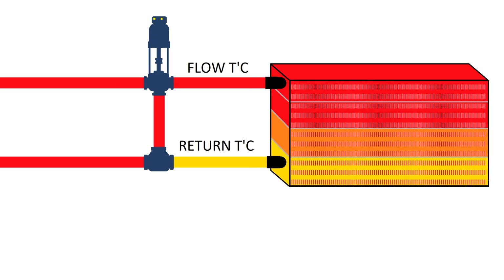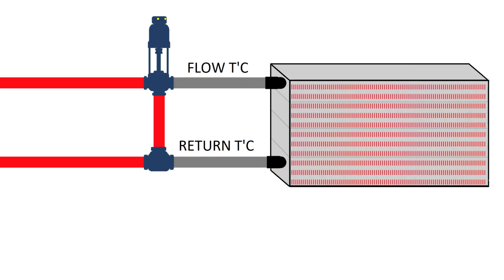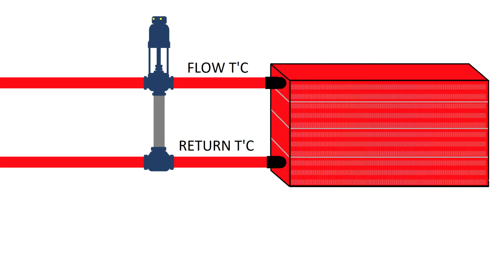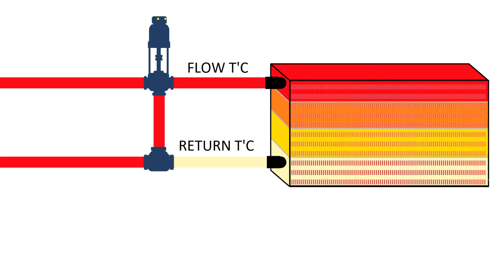Now guys, you always have to measure the flow temperature. The flow temperature must be constant, and the flow before the actuator must be constant. The flow before the three-way valve. Why?